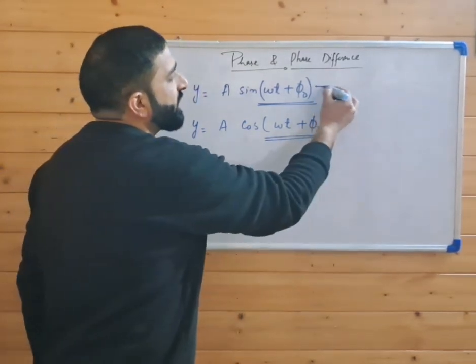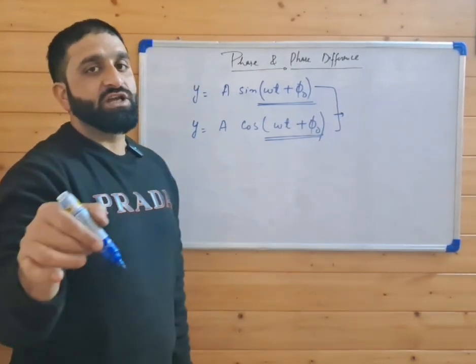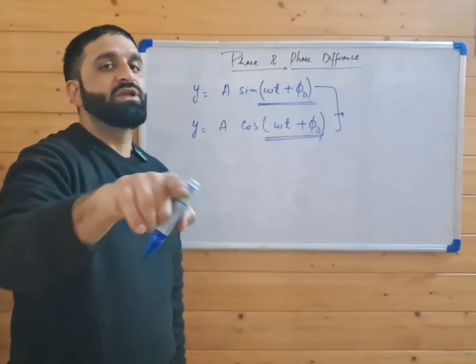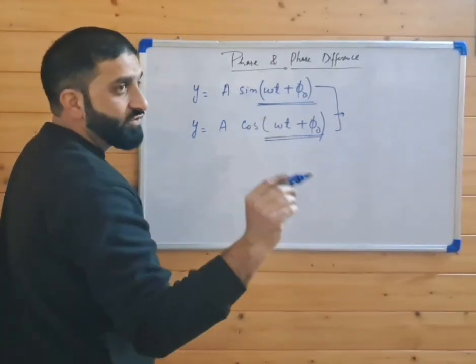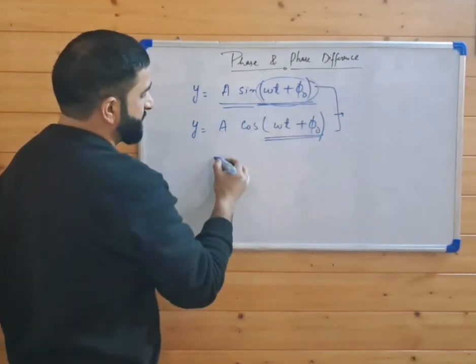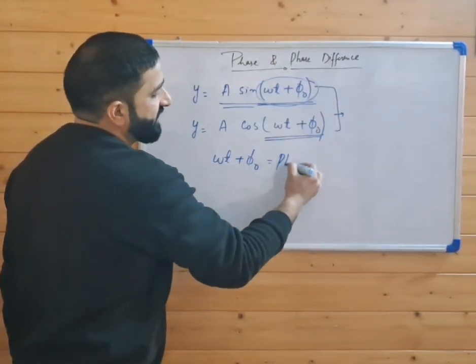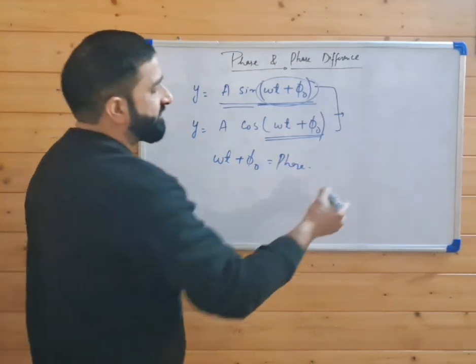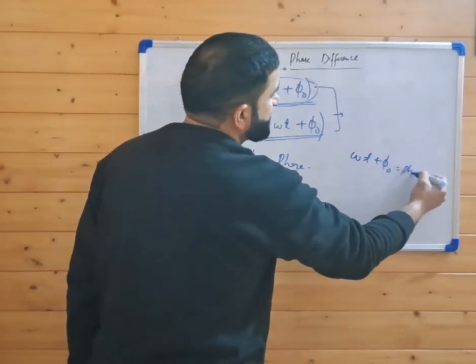Both these arguments are called the phases. For the sine function, the argument omega t plus phi 0 is the phase. For the cosine function, omega t plus phi 0 is again the phase.